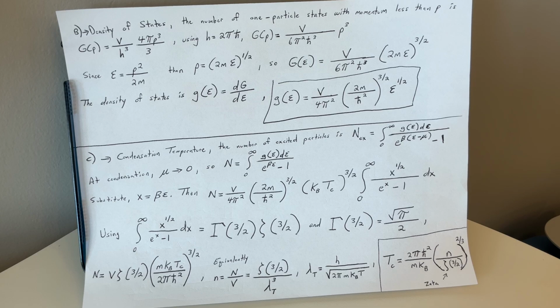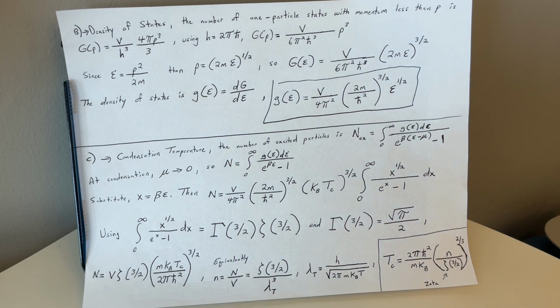For part C, they want us to derive the Bose-Einstein condensation temperature T sub C in terms of density. Okay, so for the condensation temperature, the number of excited particles is n sub ex equals the integral from 0 to infinity of g of epsilon d epsilon over e to the beta times the quantity epsilon minus mu, minus 1.